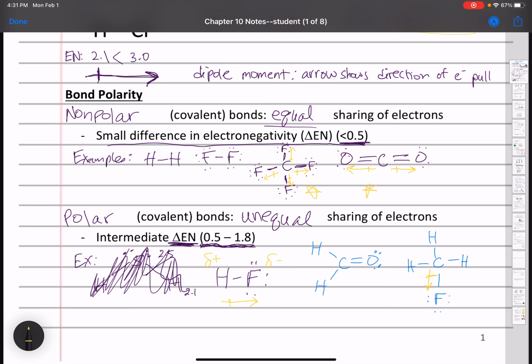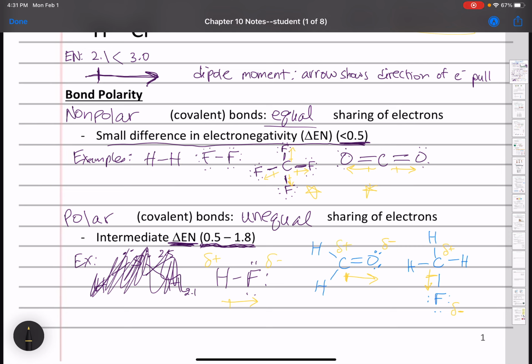All right, C and H have very similar electronegativities, and they share pretty equally. So the only polar bond here is that fluorine, which means that fluorine is going to be partially negative, and the rest of the molecule, namely the carbon, will be partially positive. And then this one that I've drawn here, oxygen is our hog. It's going to hog electrons and end up with a partial negative charge, and the rest of the molecule will end up with a partial positive charge.